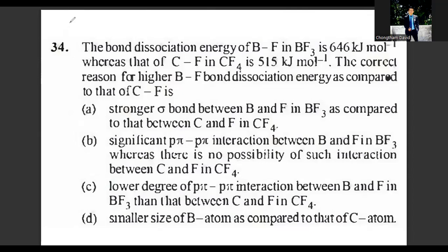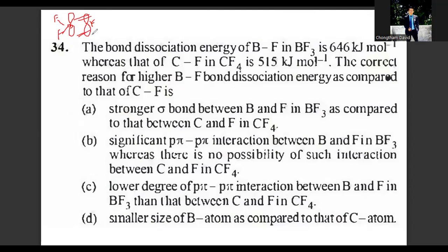Right. So here you have the structure of BF3. The delocalized p pi bonding between filled p orbitals of F and vacant p orbital of B leads to shortening of the BF bond length, which results in higher bond dissociation energy of the BF bond.